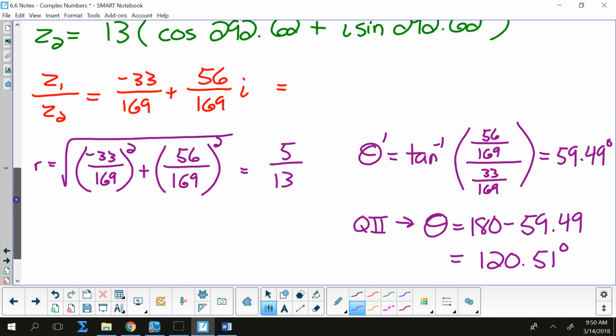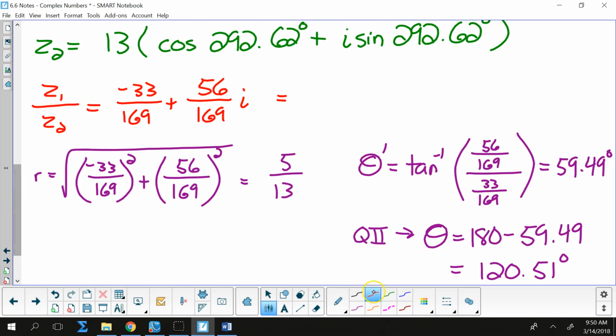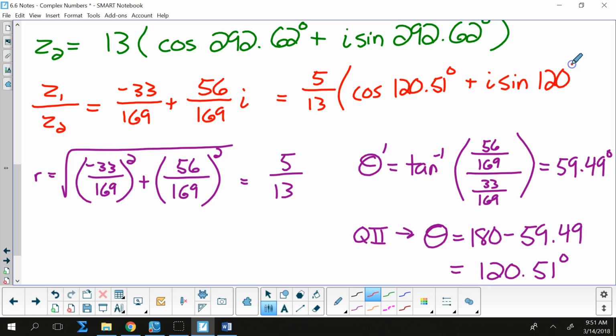Okay. So that means that my trig form is r times the quantity of the cosine of 120.51 degrees plus i times the sine of 120.51 degrees.